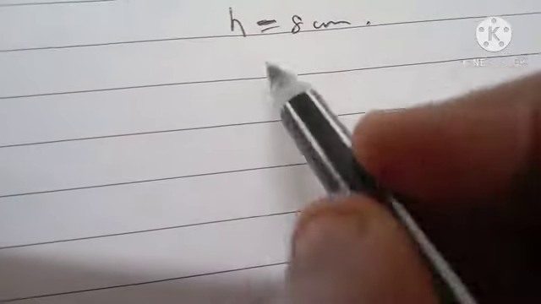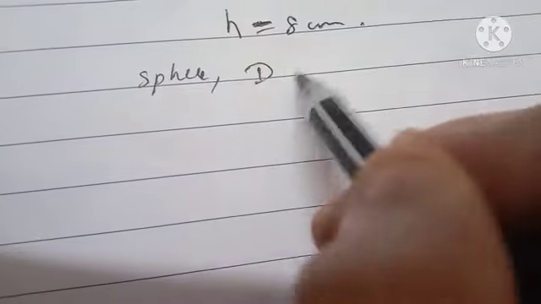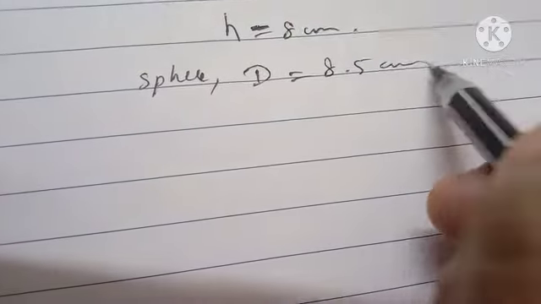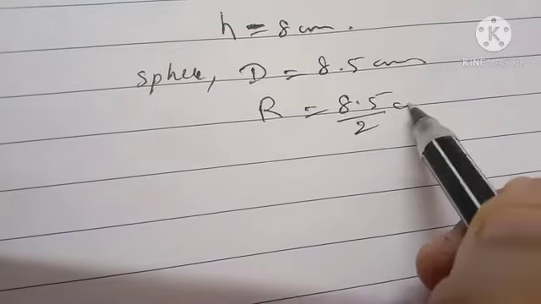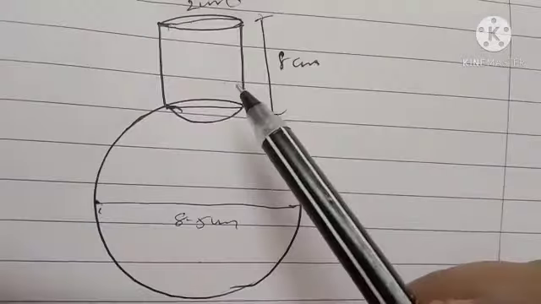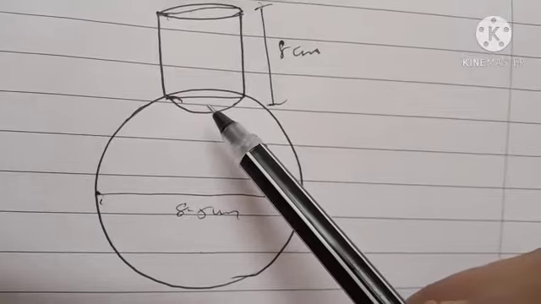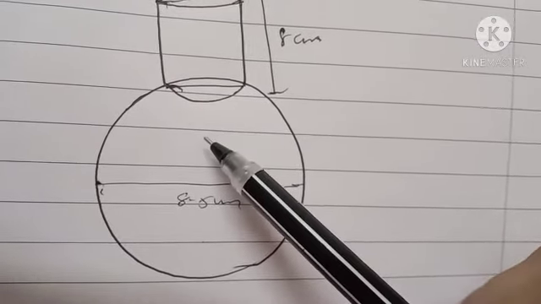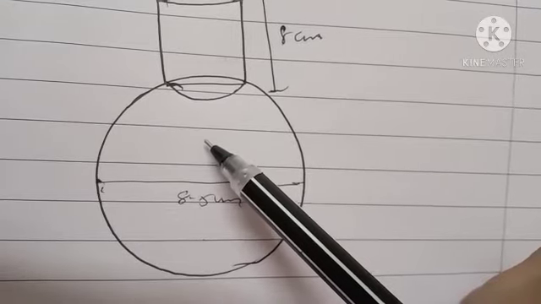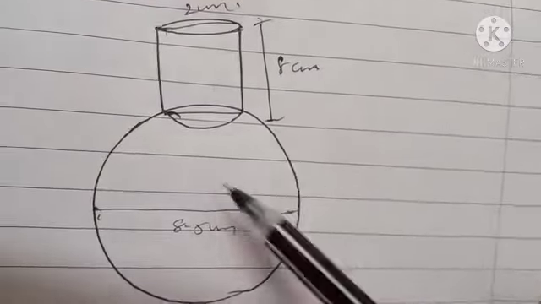Then for the spherical part, diameter is given as 8.5 centimeter, so its radius will be 8.5 by 2 centimeter. To check whether the answer of the student is correct or not, she has given 345 centimeter cube as the volume of this solid.